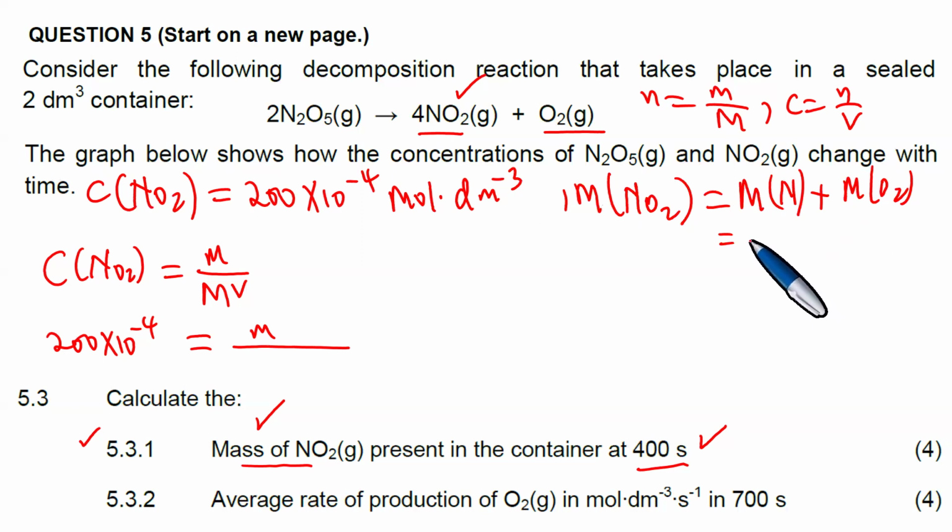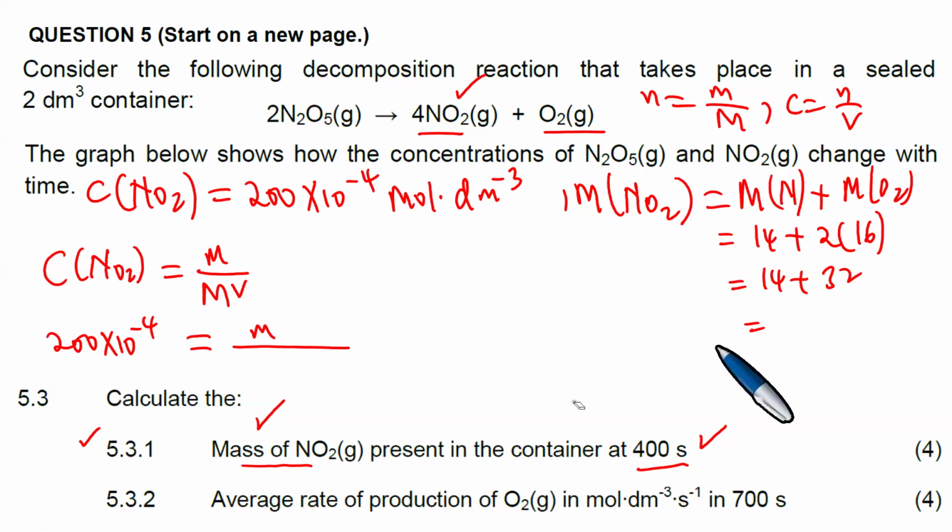For nitrogen it is 14, and for oxygen it's going to be 2 times 16. So this is exactly 14, and 2 times 16 is 32, and therefore this is 46 grams per mole. So we're going to put 46 here.